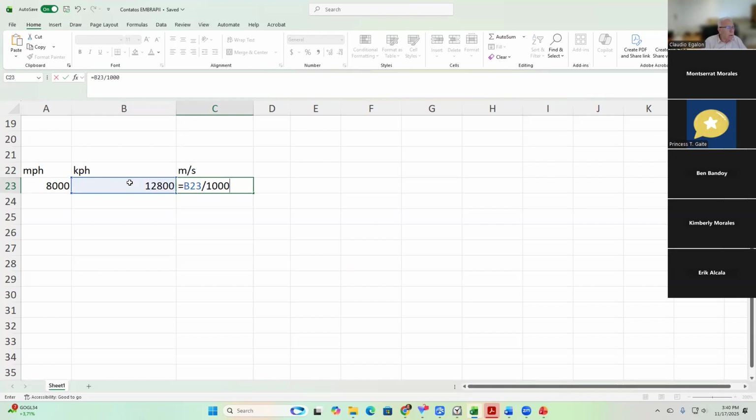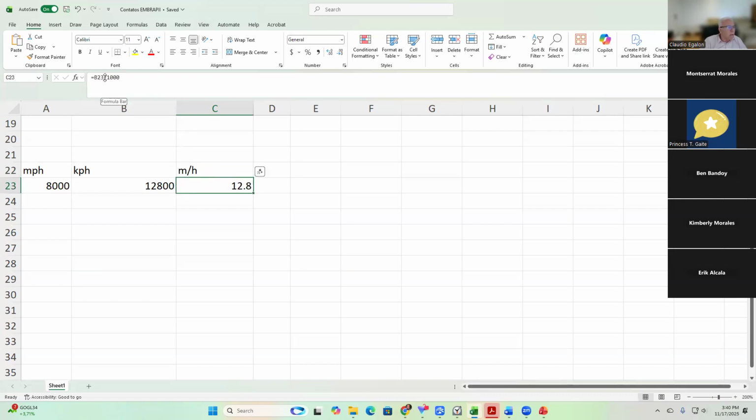Let's put meters per hour first: multiply by 1,000.